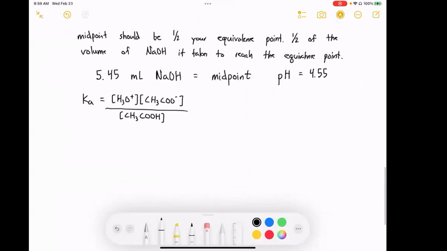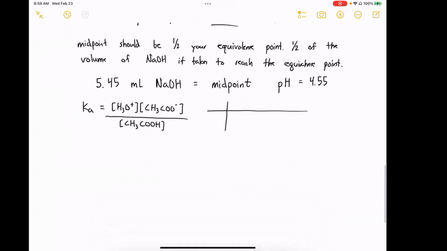So now we use the same kind of table here, the ICE table. The ICE table we had before, we do initial, change, equilibrium.